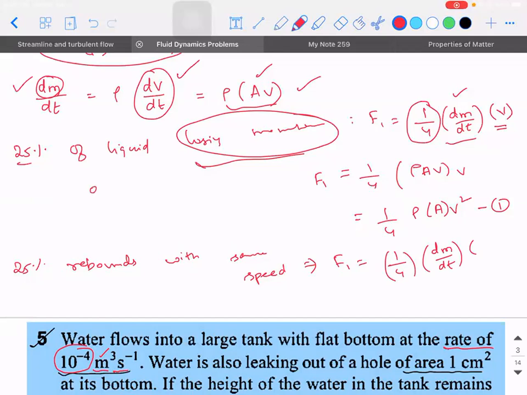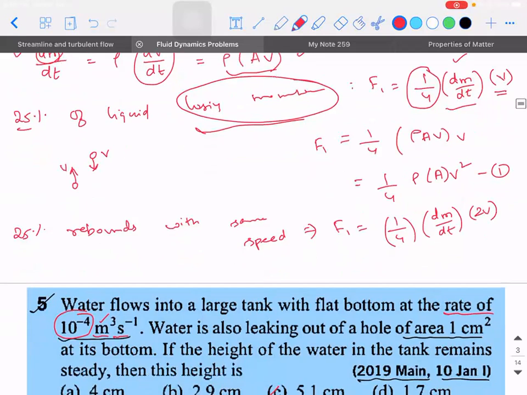It is very good, because it is falling down with velocity v and is rebounding with the same velocity v. So the change in velocity that is taking place is 2 times v. So how much is this? 1/4 of, or 1/2 times dm by dt, that is rho A v square. Half into rho A v square. This is equation number 2.